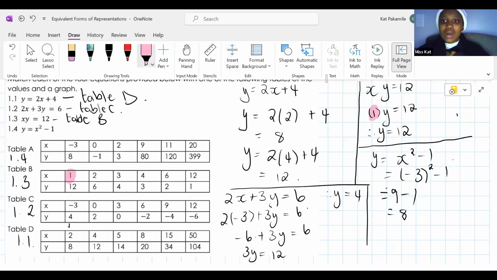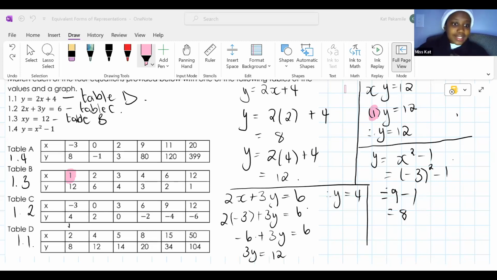So 1 times y is just y equals 12, and 12 is indeed the output we were looking for if we plugged in 1. Do you see that?